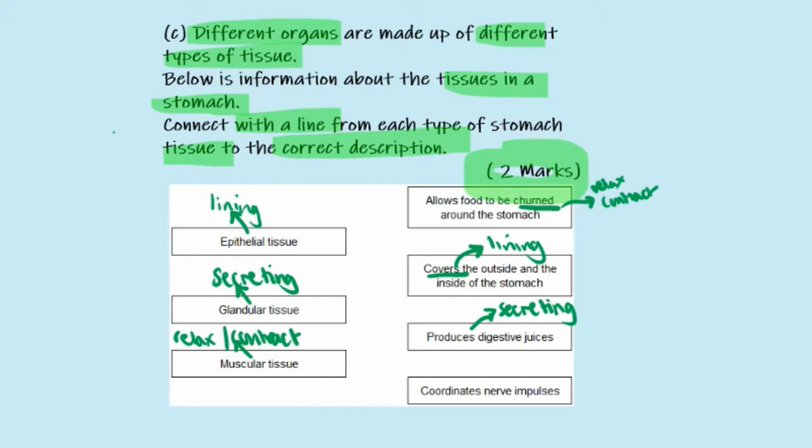Well, from our type of tissues, it doesn't show us any tissue that would coordinate the nerve impulses. Let's match these up then. Epithelial tissue is the one that suggests there's a lining, so it would go to this option here. Glandular tissue would suggest it's one that's secreting, so it would go to produces digestive juices, and muscular tissue would be the one that allows food to be churned around the stomach.